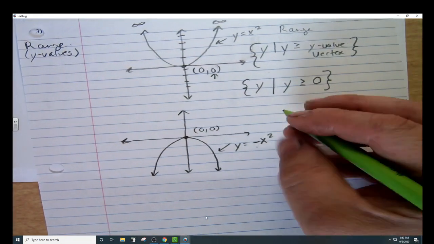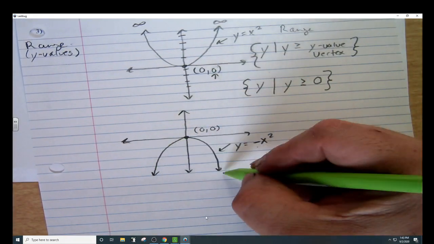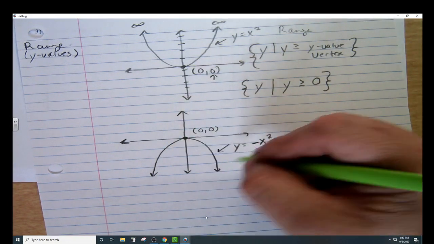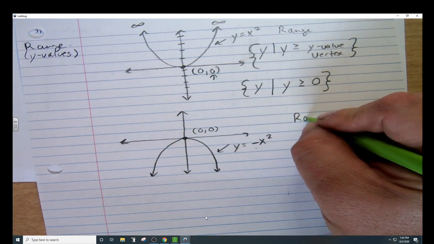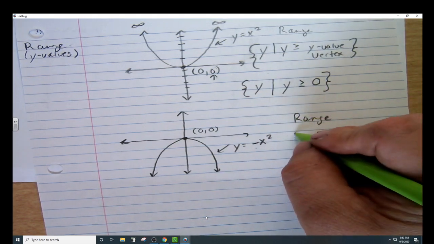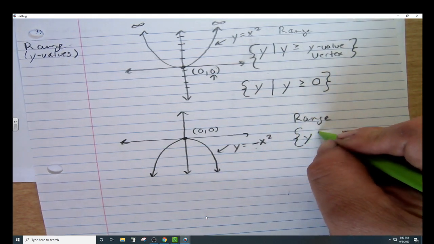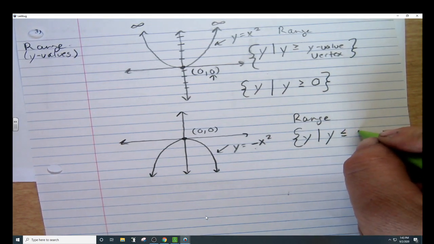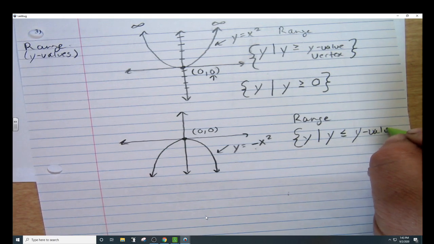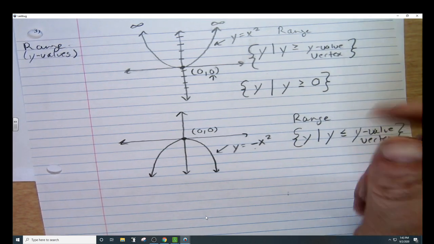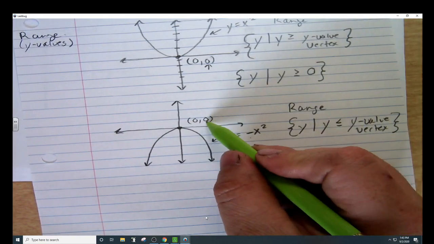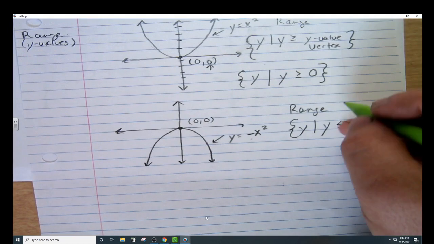So if it opens down, the range will be y values when y values are less than or equal to the y value of the vertex. In this case, the y value is 0 and it opens down.